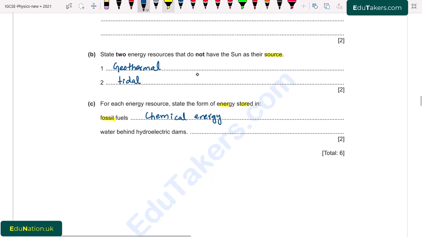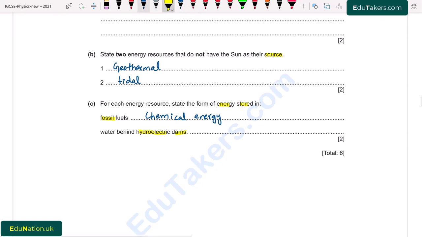And water behind a hydroelectric dam. So water is stored at a certain height, and this water falls down in the hydroelectric dam, and this falling energy is used to rotate the turbine, and then we generate the electricity.